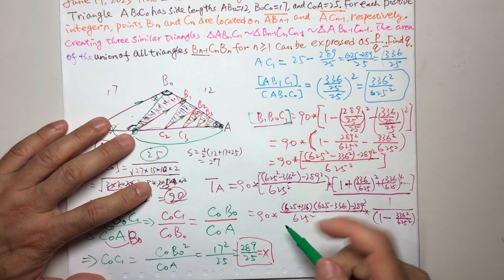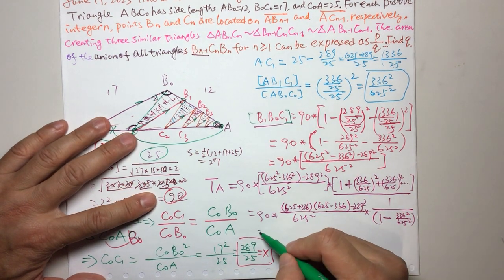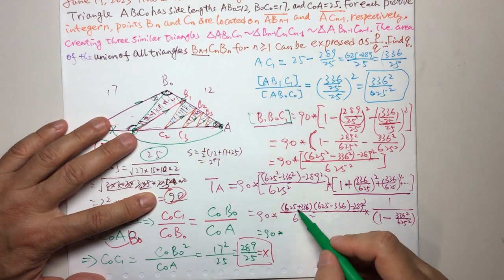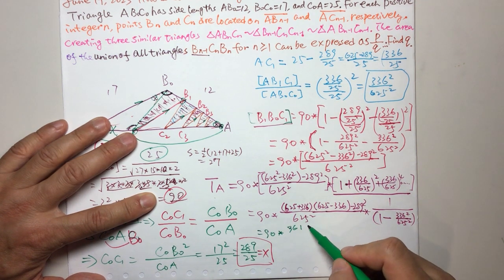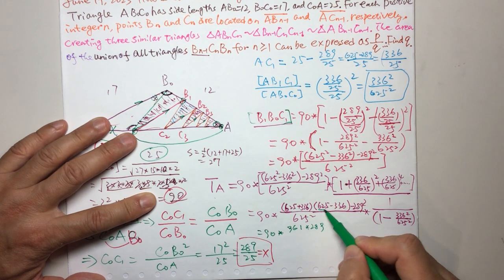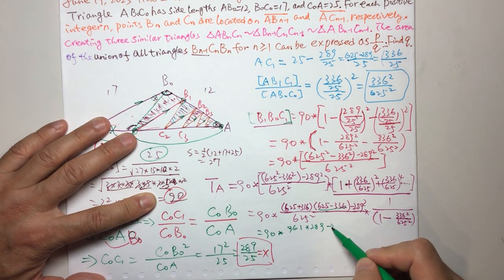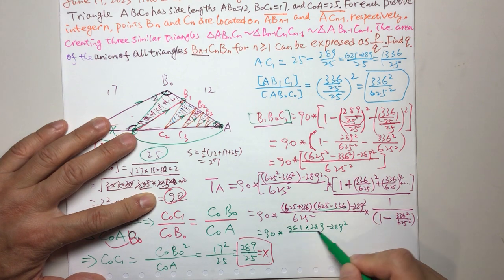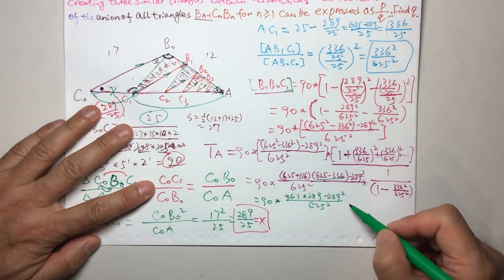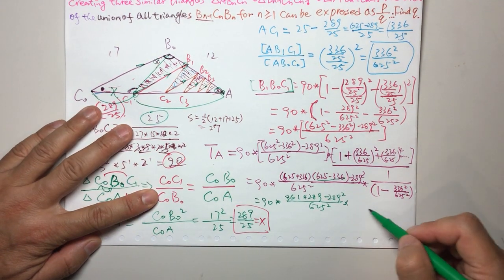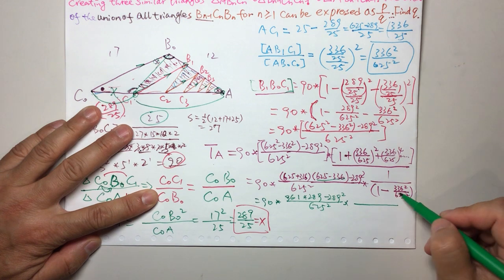Yeah, we can know 90 times 961 times 289, right? Minus 289 squared, and 625 squared. And this part, we know all of them.